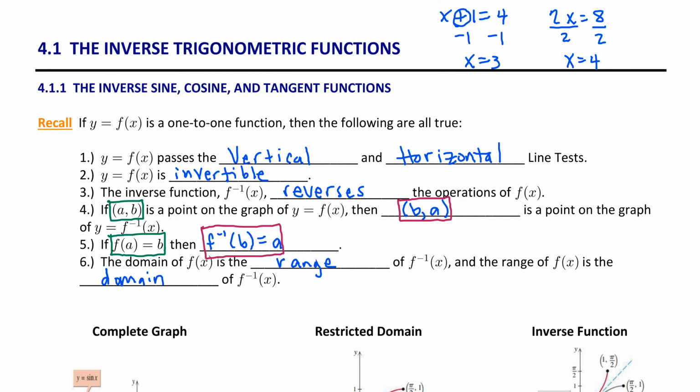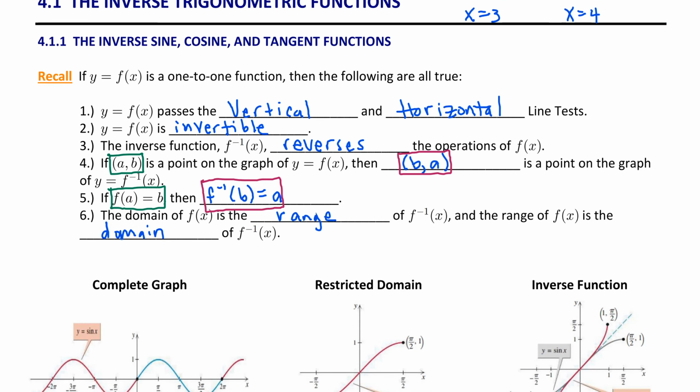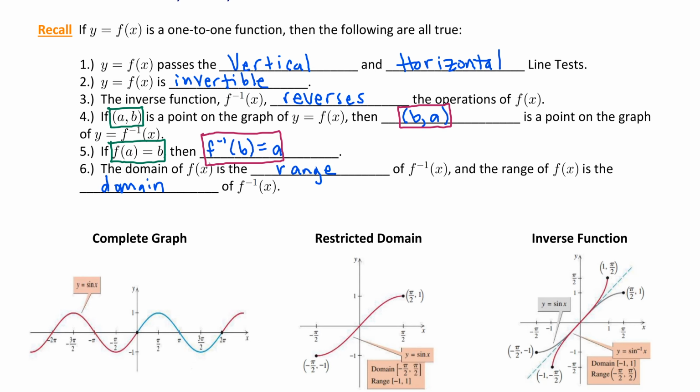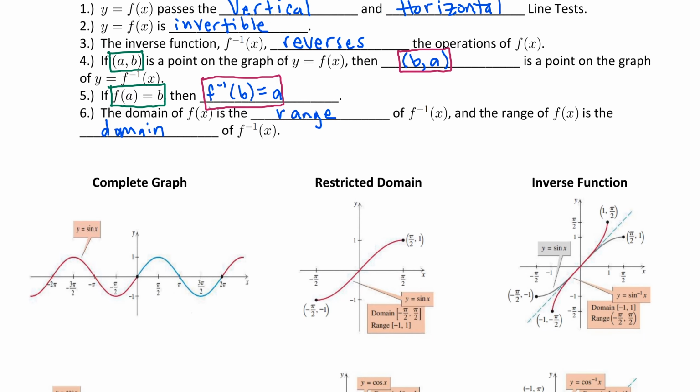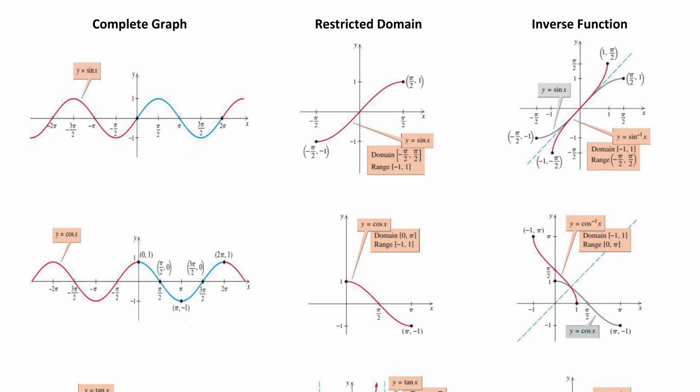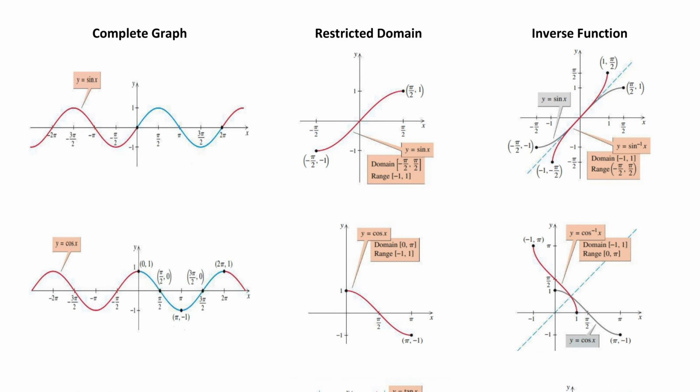Hopefully you had the opportunity to study all of those properties of inverse algebraic functions, and you remember those properties. Keep in mind that inverse trigonometric functions will also obey all of those same conditions.